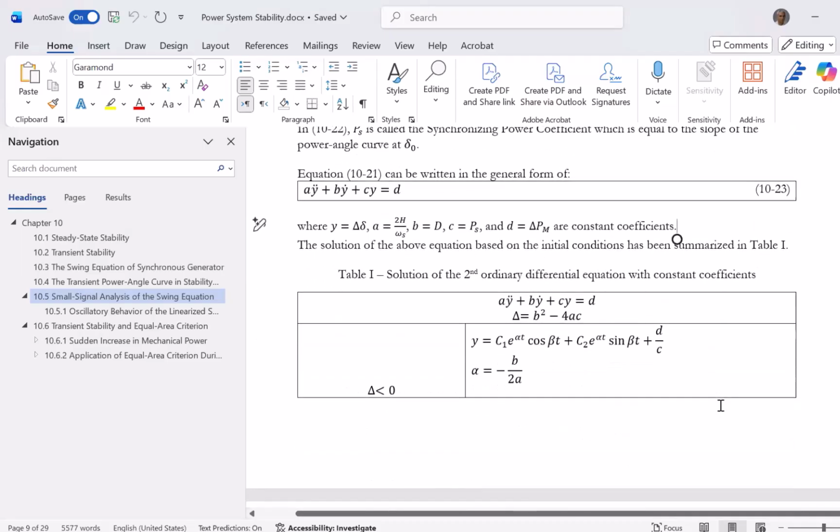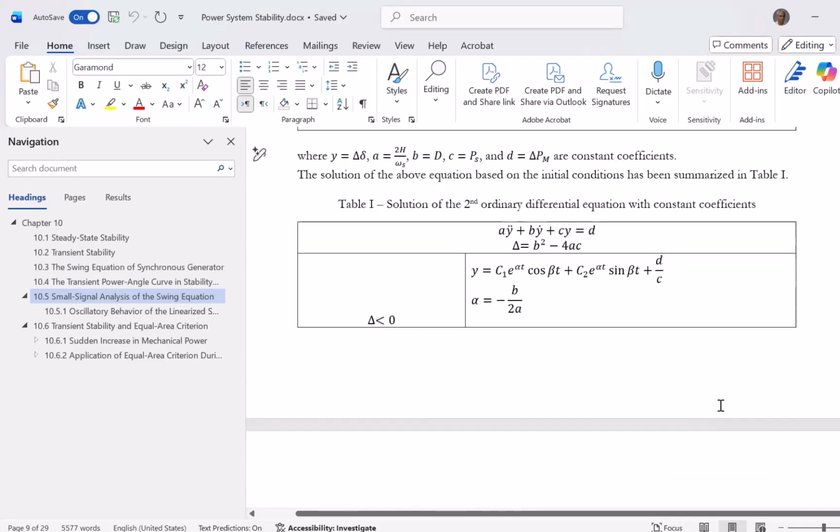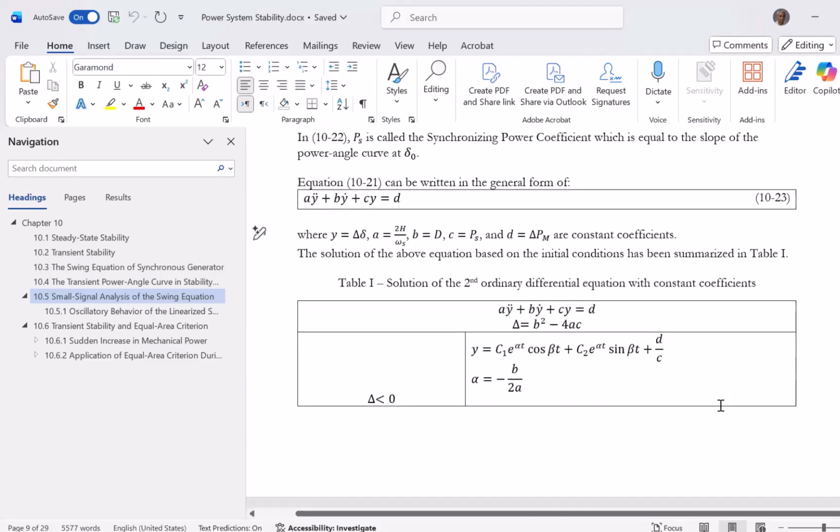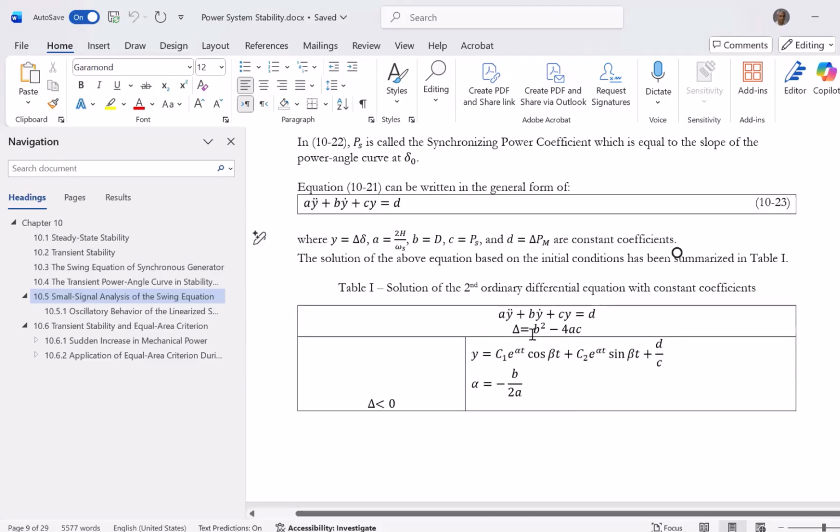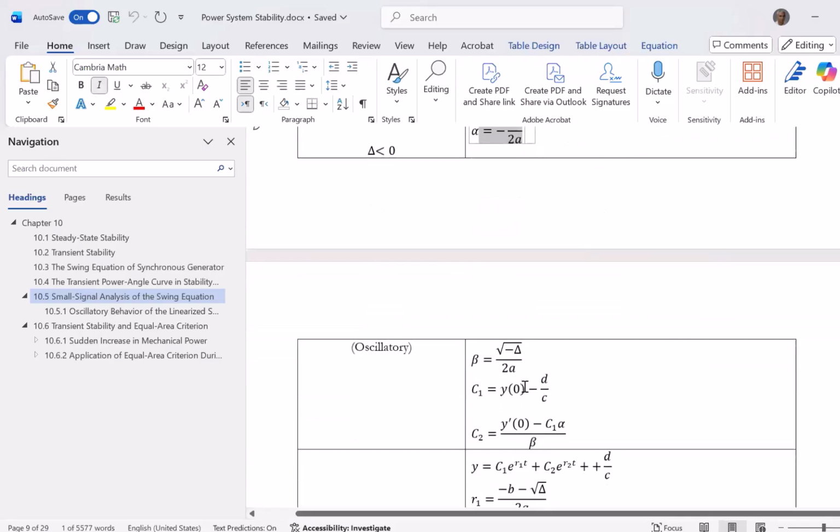The solution to this equation depends on this delta factor, which is b squared minus 4ac. If delta is smaller than 0, the solution would be this, where minus would be equal to minus b over 2a.